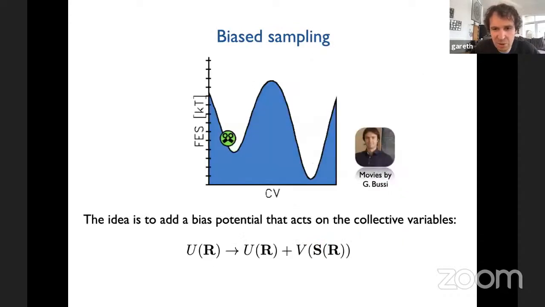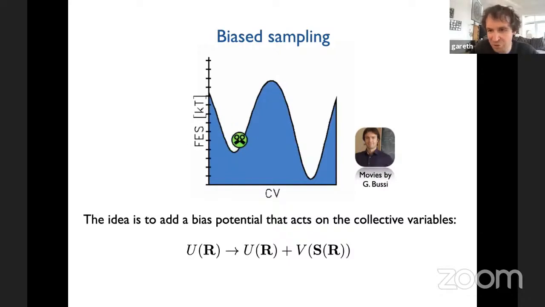So let's look at that a different way. Here is a video by someone you probably recognize. And this is showing us the problem that we encounter when we use just unbiased MD. This is the sampling problem that, because we have this high barrier here along our collective variable, the system, the little circle there, is not able to cross that on the short time scale that we have in an MD simulation.